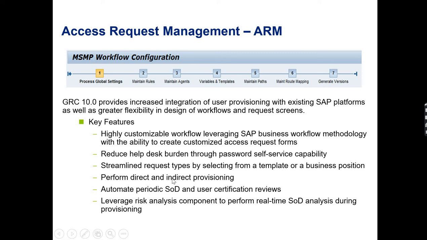Indirect provisioning is required for the HR system, for example. If you have the HR system, instead of assigning the role directly to the user's ID, you can assign the role to his position, his job, or his org unit; that we call indirect provisioning. With the help of ARM, both direct and indirect provisioning are possible.